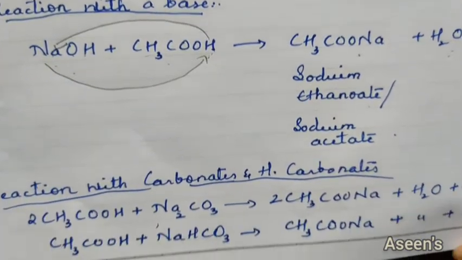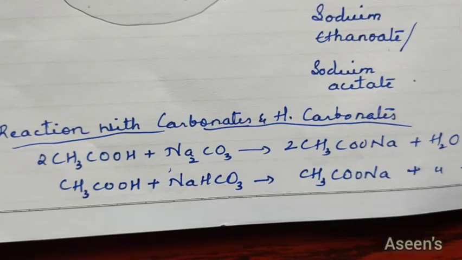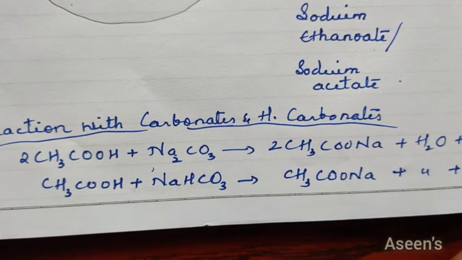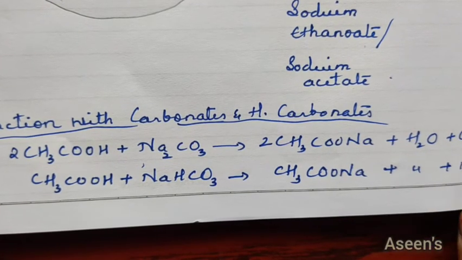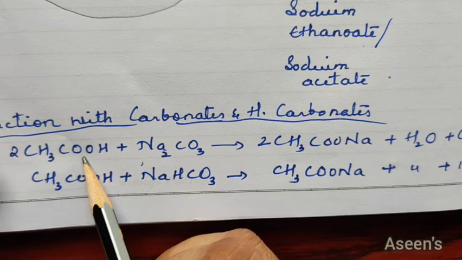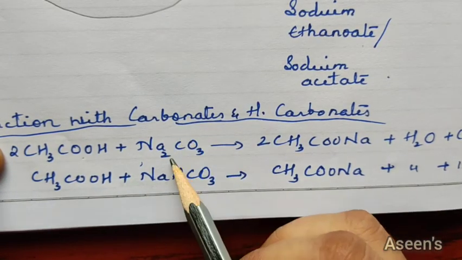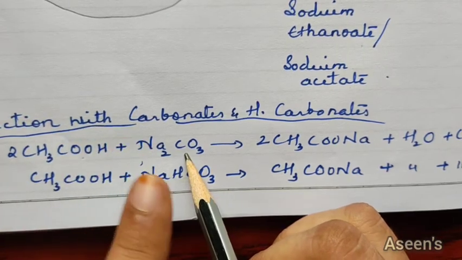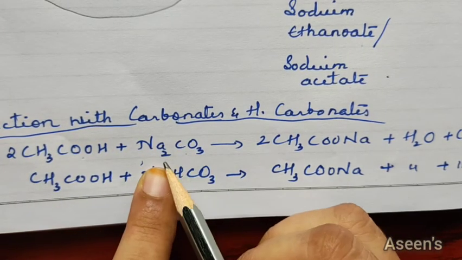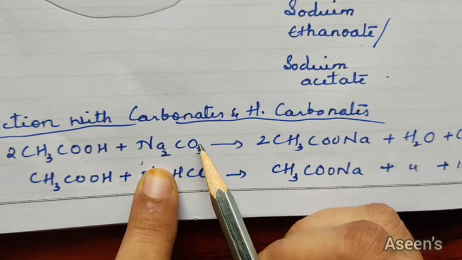Now going to the last one. Reaction with carbonates and hydrogen carbonates. Okay, very simple reaction. We are going to take ethanoic acid along with, in the first case, carbonate, that is sodium carbonate. Now see here how to balance. Sodium carbonate is Na2CO3.